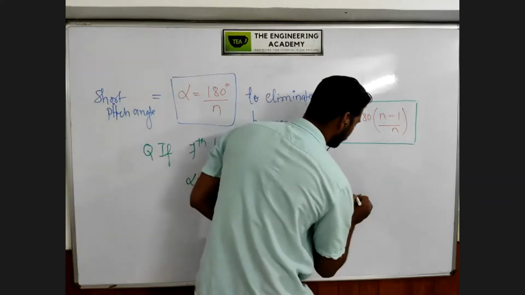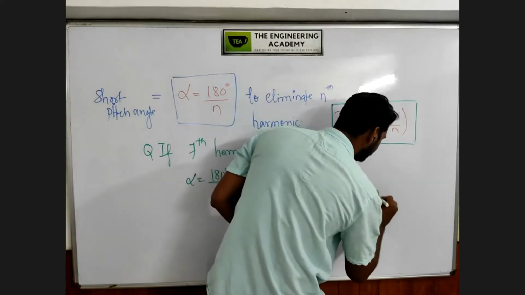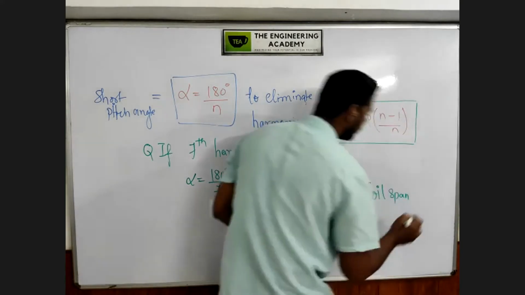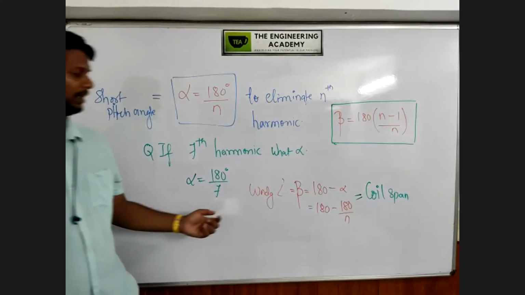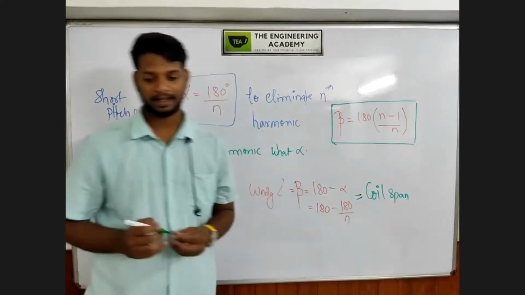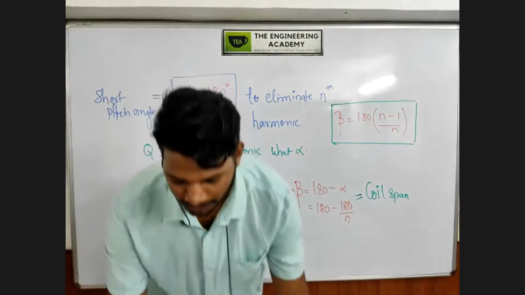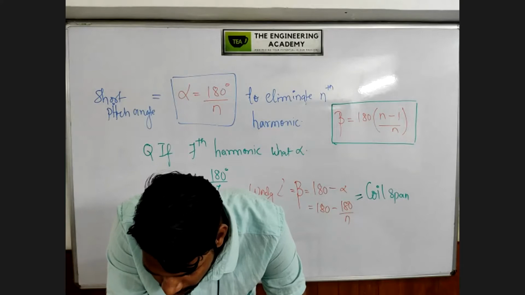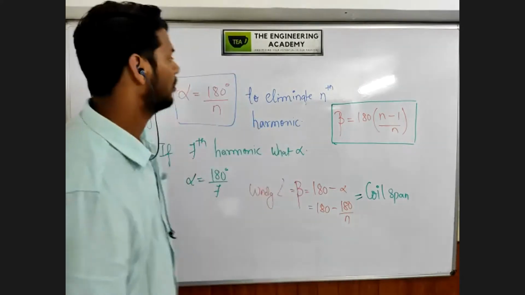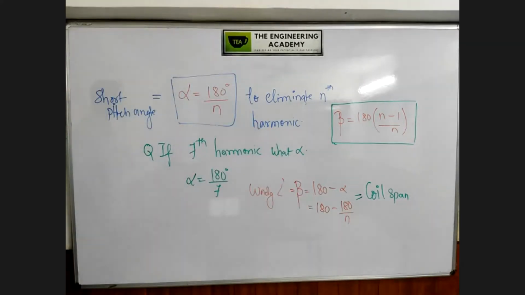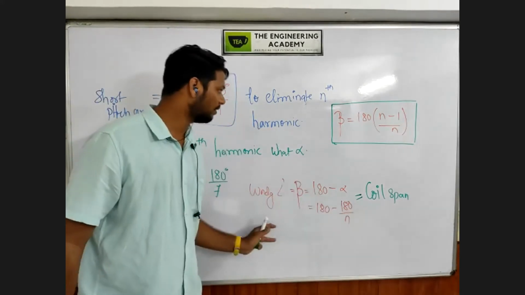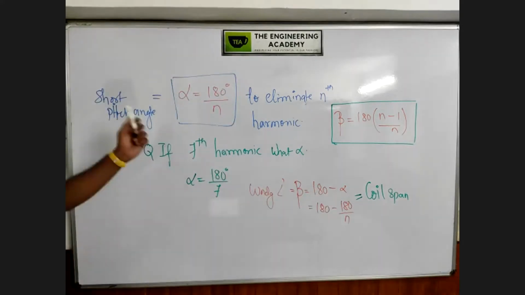Please write down, there is one more name for beta, which is called coil span. Please note down everyone. These two formulas are very important, and I have given another name for beta, which is called coil span. Now we will see one question on this formula.